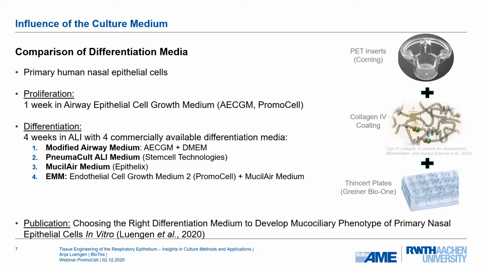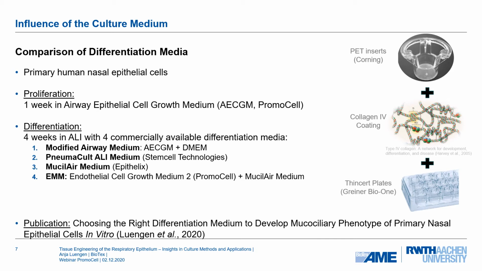up to 4 milliliters. In the proliferation phase, we used airway epithelial cell growth medium, or AECGM, from PromoCell for all samples. In the differentiation phase, we compared the 4 commercially available differentiation media.